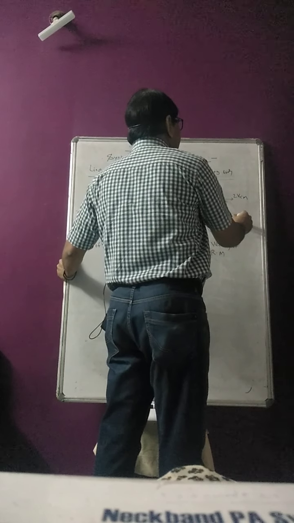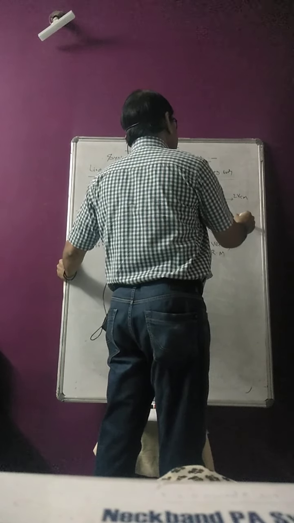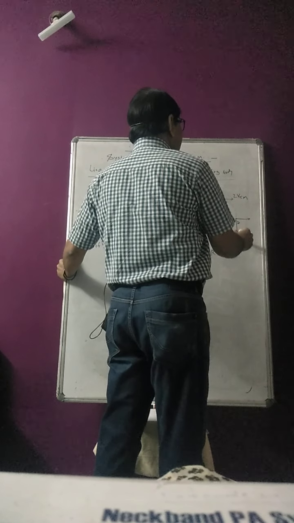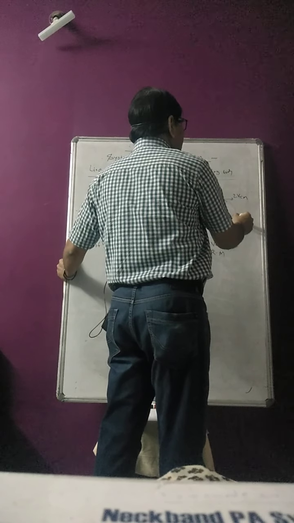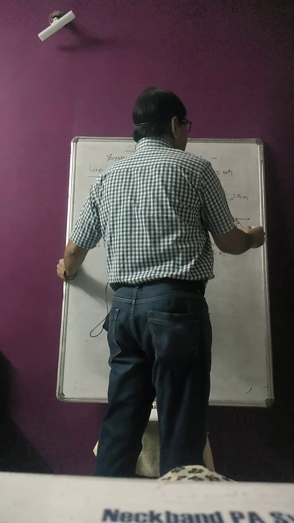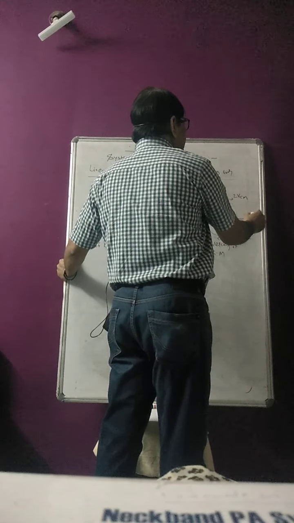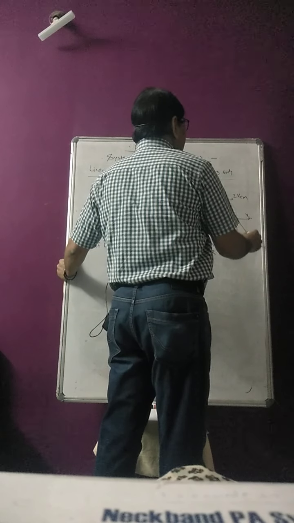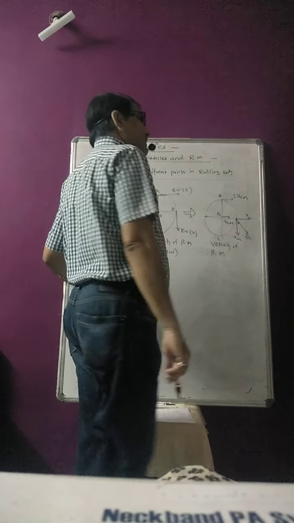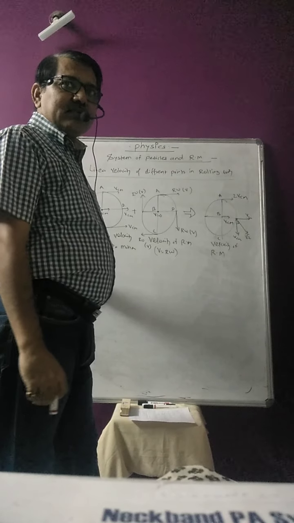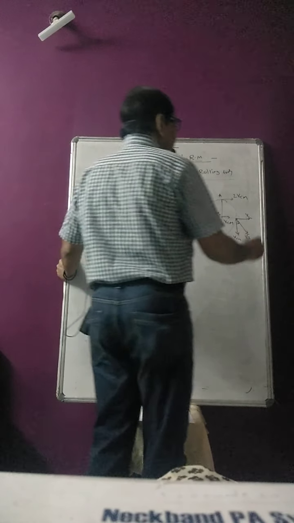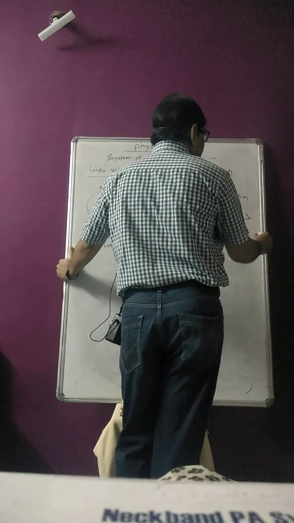Here the velocity of center of mass is in this direction and r omega is in this direction, so the angle is 90 degrees. Therefore the resultant will be root of V square plus V square, which is root of 2 V square, that is root 2 times V, the velocity of center of mass.